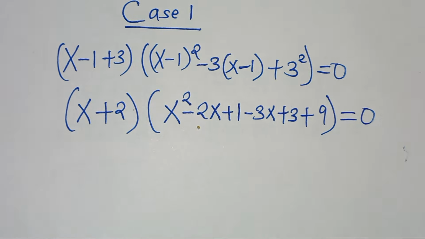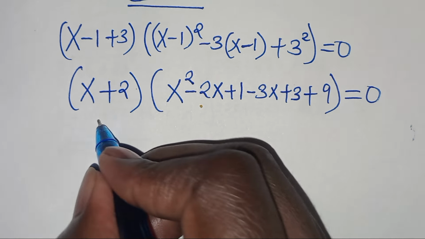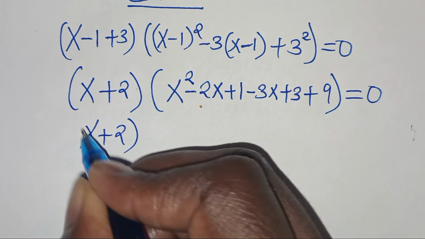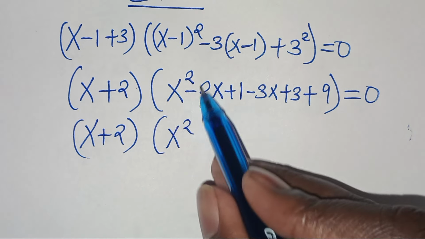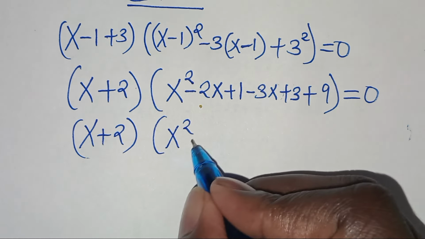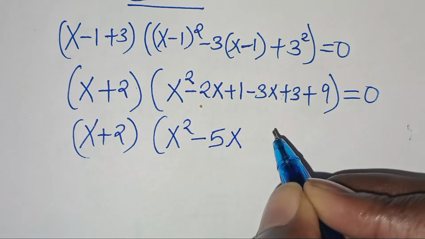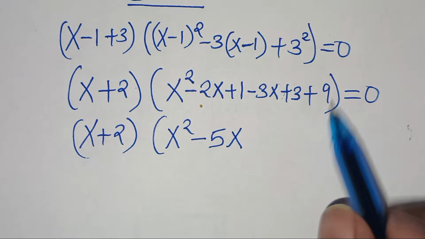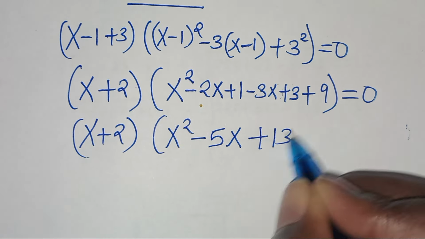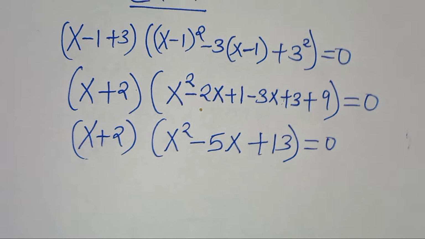This is equal to 0. So this is (x + 2) times (x^2, then minus 2x minus 3x, this is minus 5x. Then we have 1 + 3, this is 4, 4 + 9, this is 13) = 0.